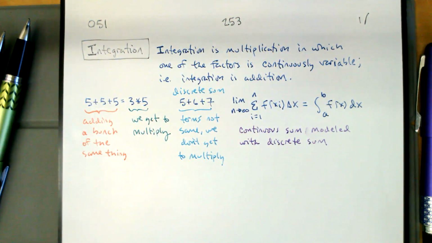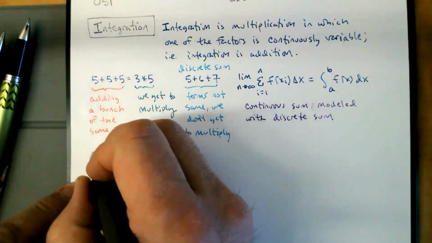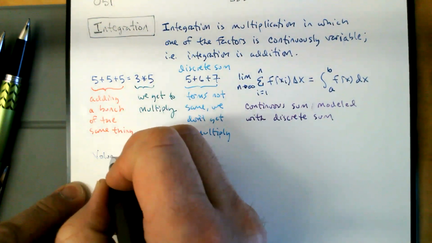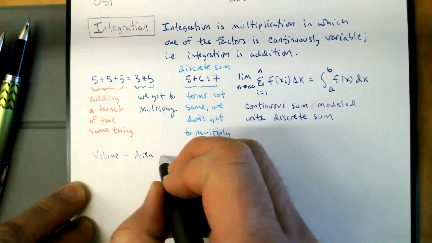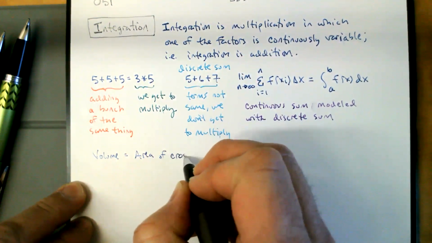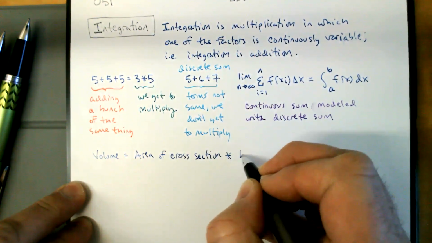Way back in Calc 1, we calculated volume as cross-sectional area multiplied by height. So back in Calc 1, we said volume is cross-sectional area multiplied by height.